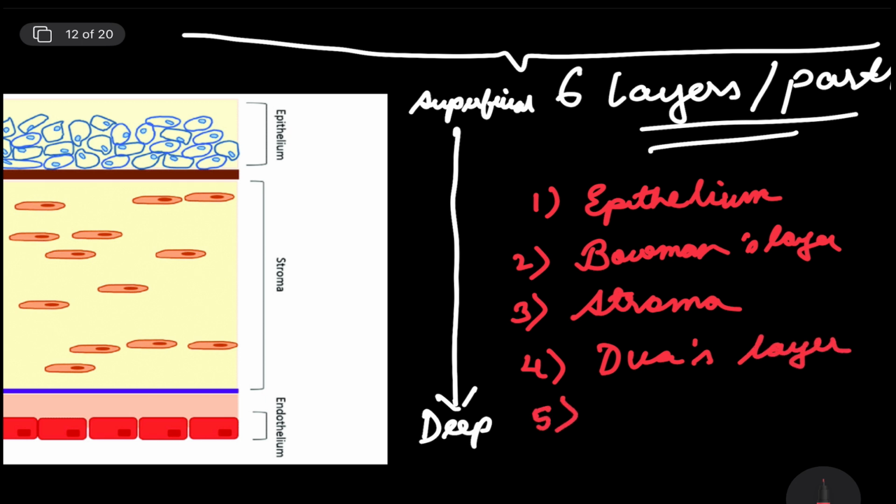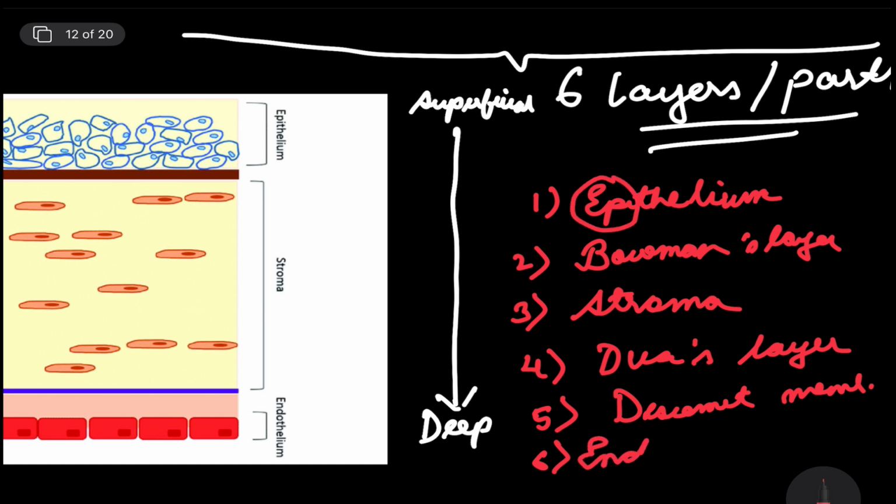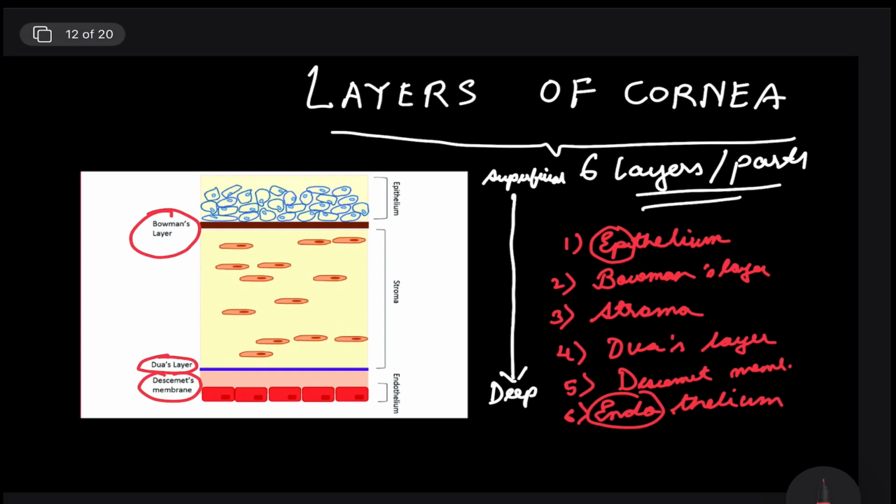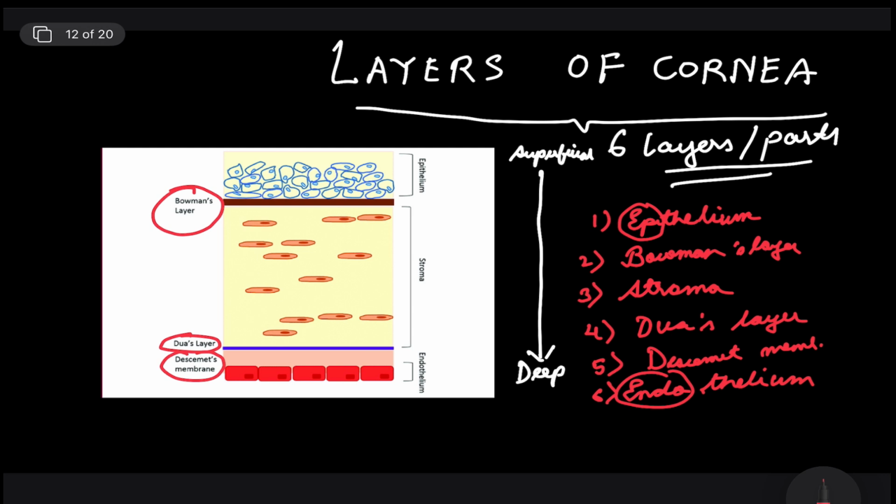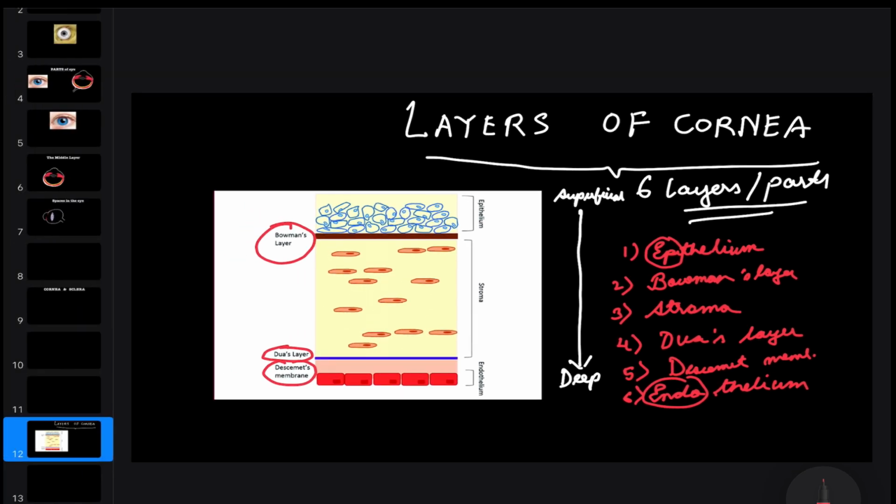Then another membrane-like structure known as the Descemet membrane. And then finally, the outermost is epithelium, innermost is endothelium. Now let's talk about these things in a little bit more detail. I'm just laying down the foundation here, that is all.